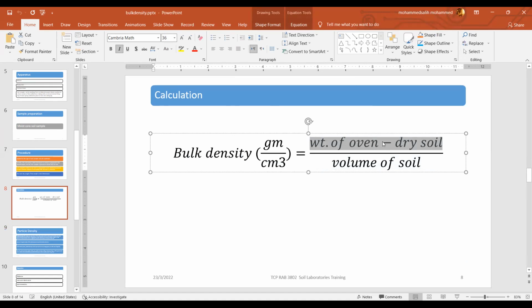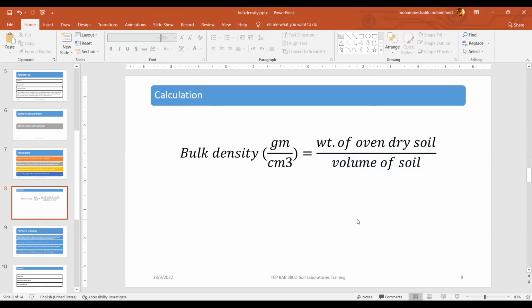Okay. Weight of oven dry, it is not a minus, it is just weight of oven dry soil. Thank you, Maria. Weight of oven dry soil over volume of the soil.